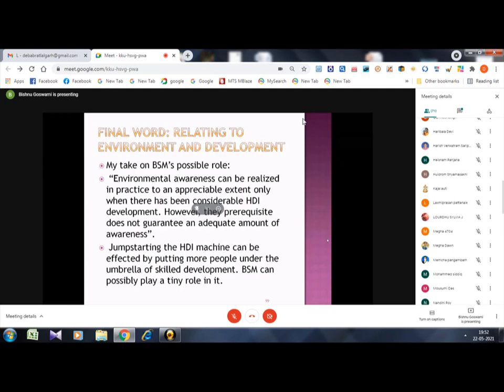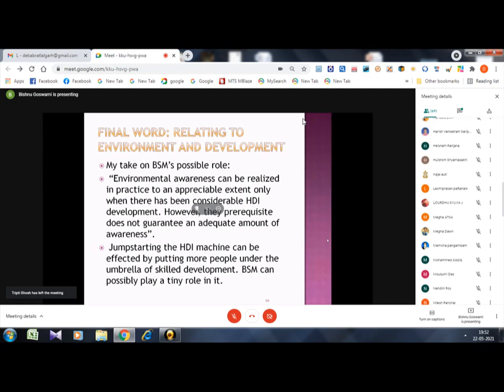So relating to environment and development, my take on BSM's possible role. I want to say that environmental awareness can be realized in practice to an appreciable extent only when there has been a considerable HDI development. So when there is no HDI development, we cannot have environmental awareness to an appreciable extent.